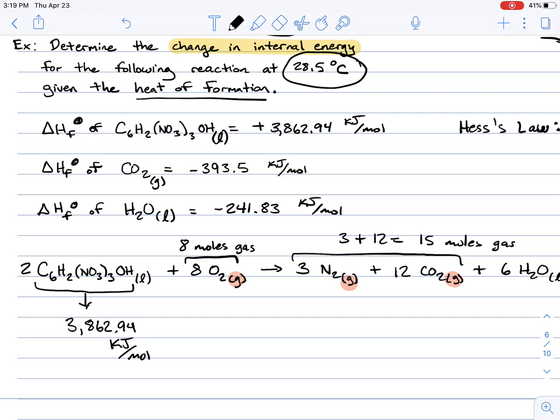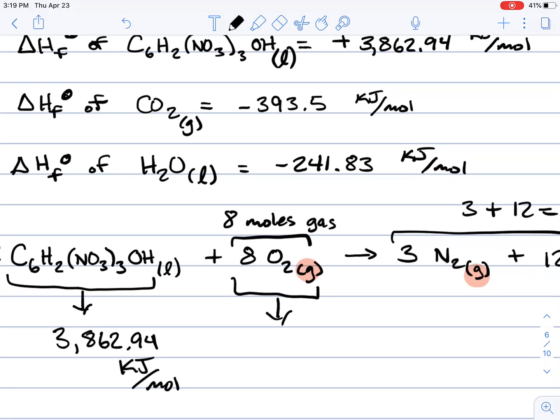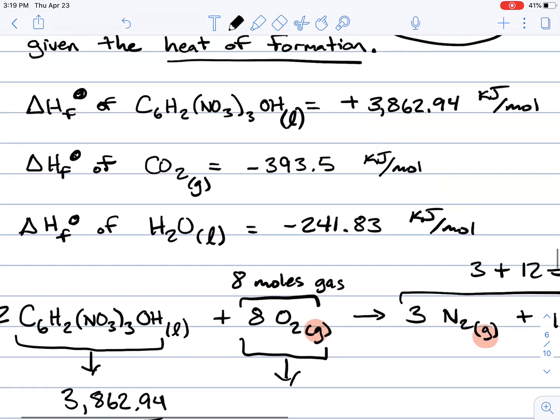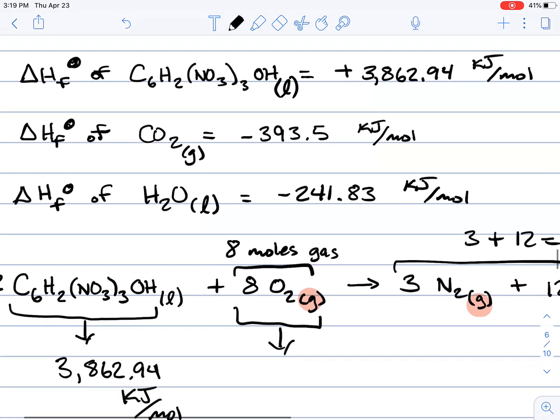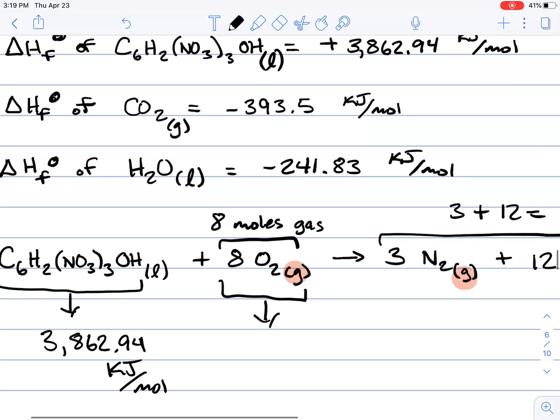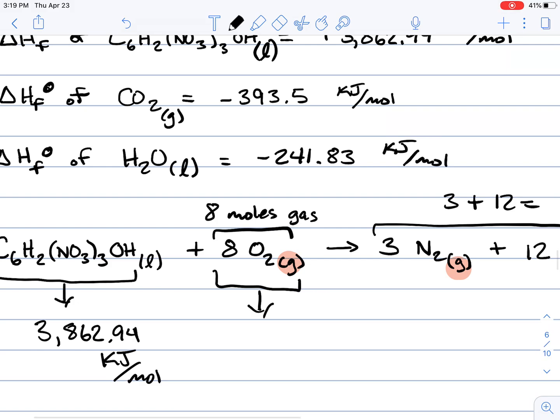Now, from your knowledge of first semester of general chemistry, what is the heat of formation for oxygen gas? If you look at the list, I didn't include the heat of formation of oxygen gas, but you should know it. Since O2 is a pure elemental substance, the heat of formation for any pure elemental substance is going to be 0 kilojoules per mole.